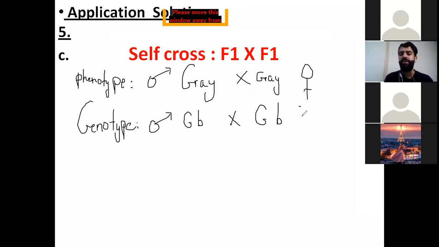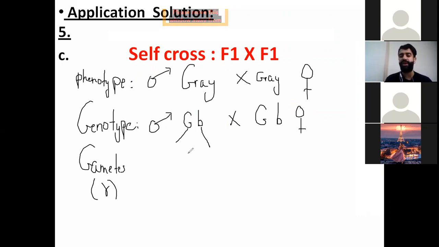Moving now to the gametes, of the symbol gamma. Male, how many different alleles do we have? 2. So the male will give two different gametes. What are these gametes? They are G and B, respectively. Here they need percentage, so it's going to be 50% and 50%.